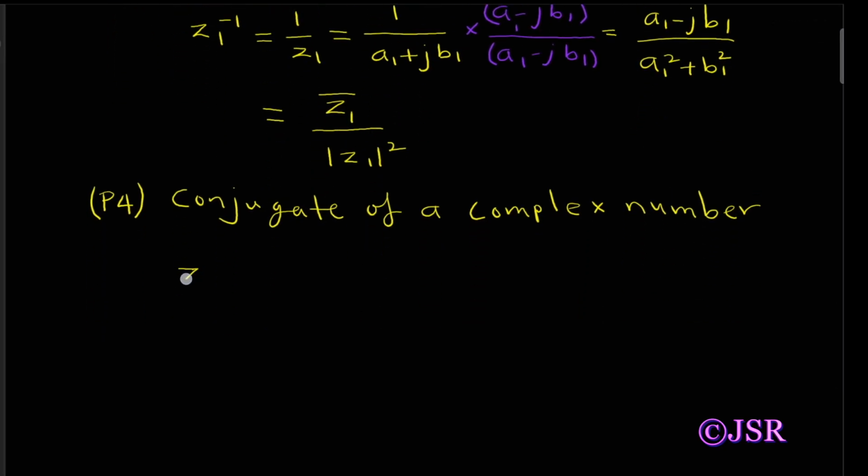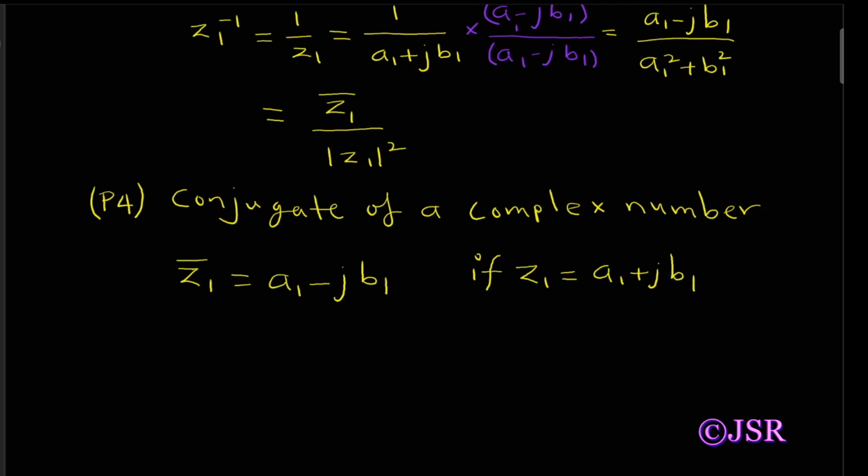The complex conjugate of Z1 is denoted by Z1 bar, and that is given as A1 minus J B1 if Z1 is A1 plus J B1.